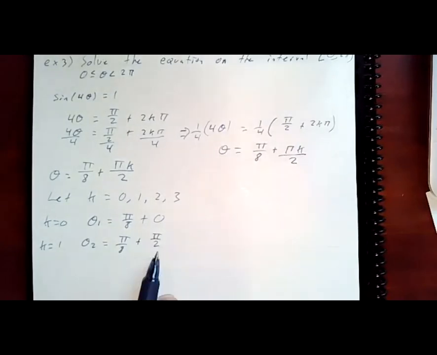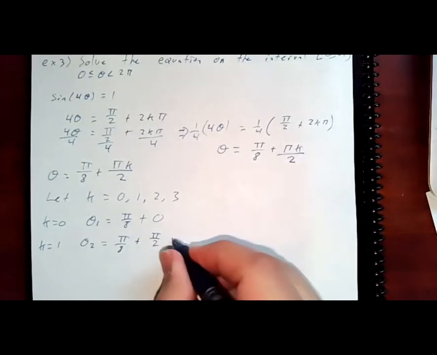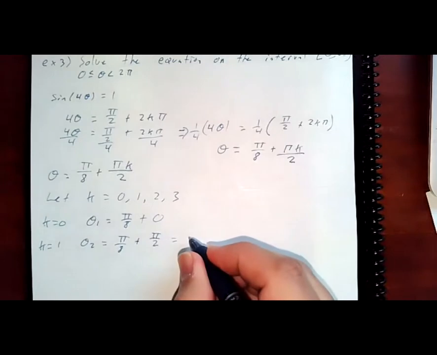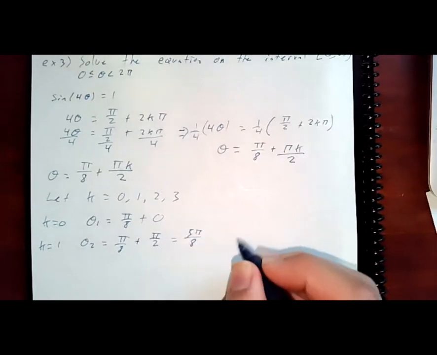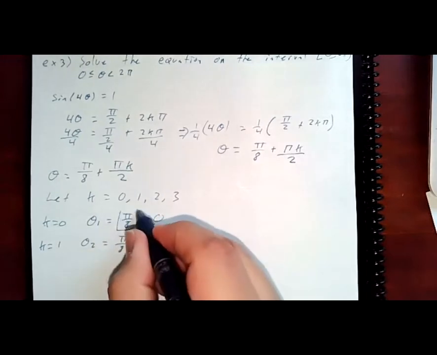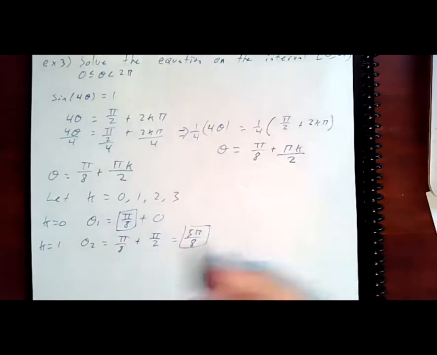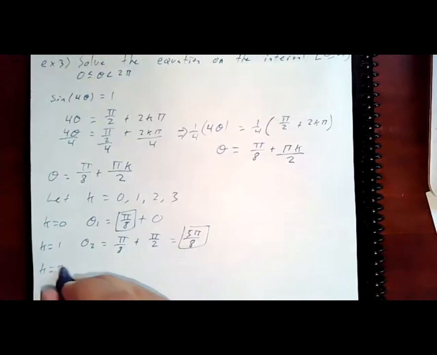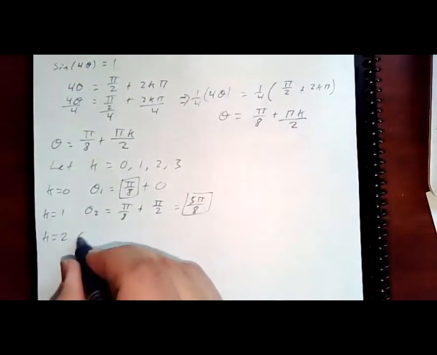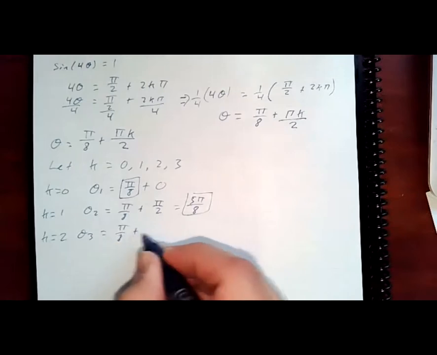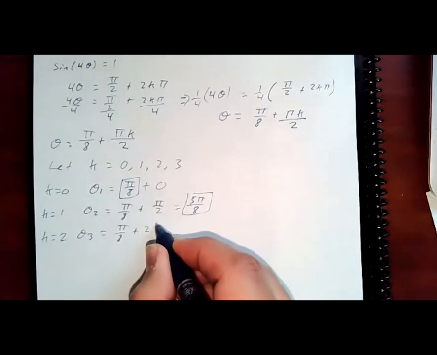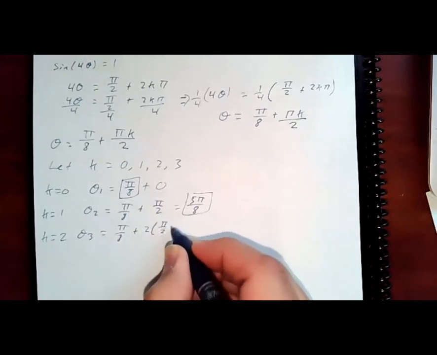So pi over 8 plus pi over 2, what's that going to be? 5 pi over 8, yeah, when you add your fractions. So there's one answer. Here's another answer. Now I have to let k be 2. So theta 3 is equal to pi over 8 plus 2 of these, because k is now 2.